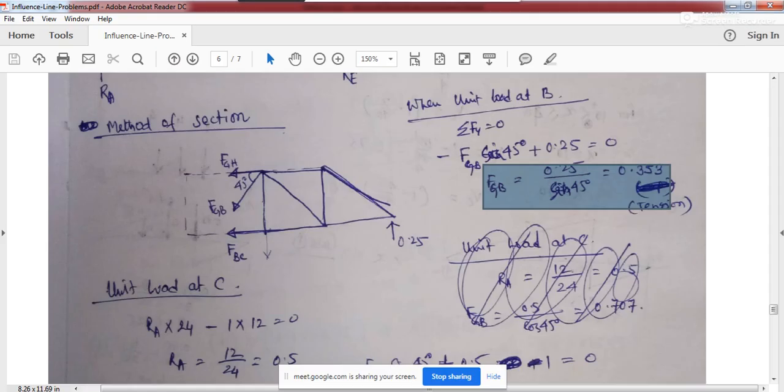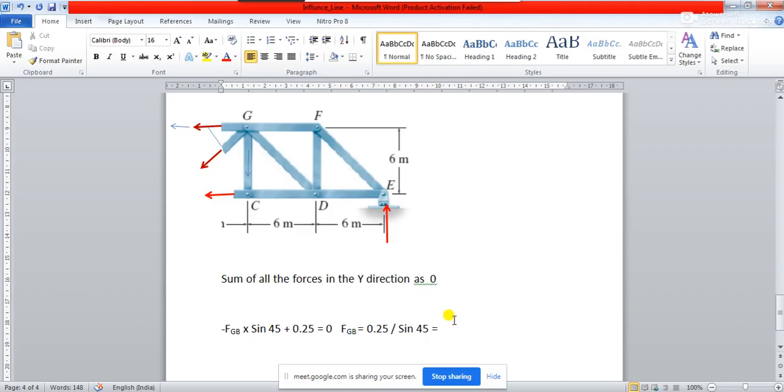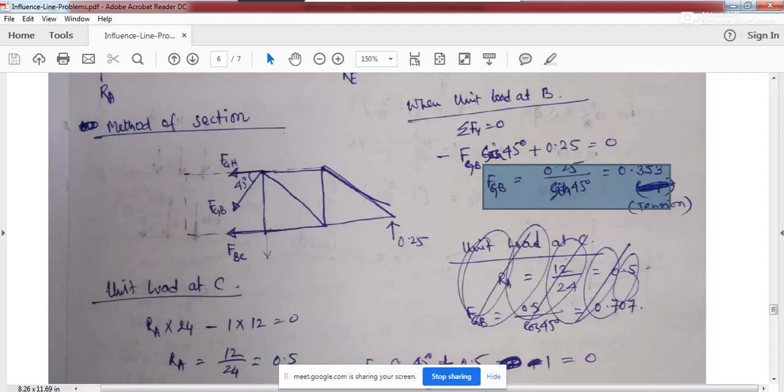If you do the sine of 45 degree, then your value will come to approximately 0.353. So FGB is 0.353.